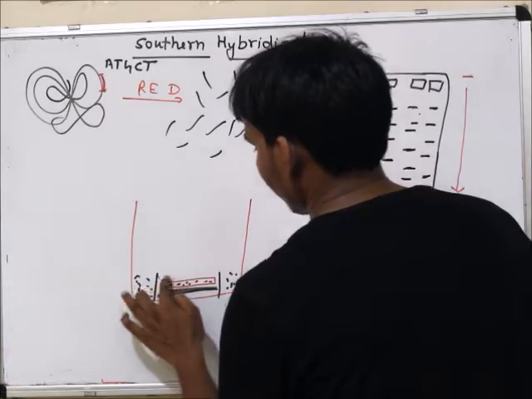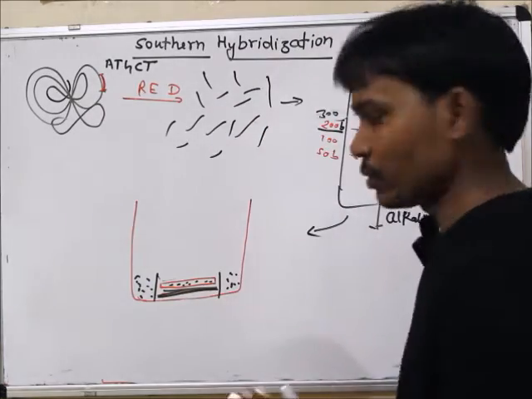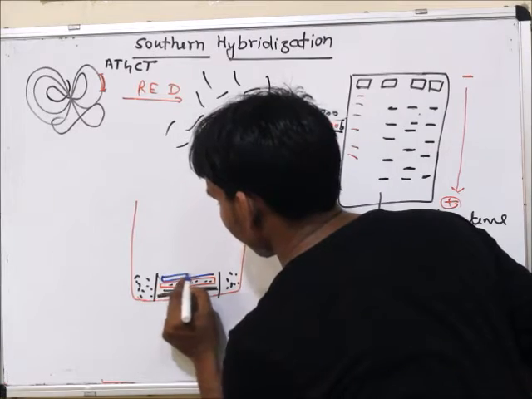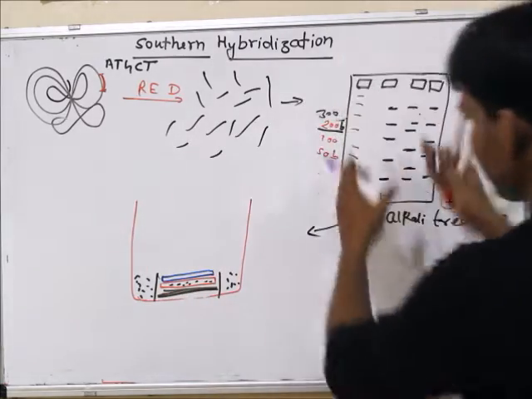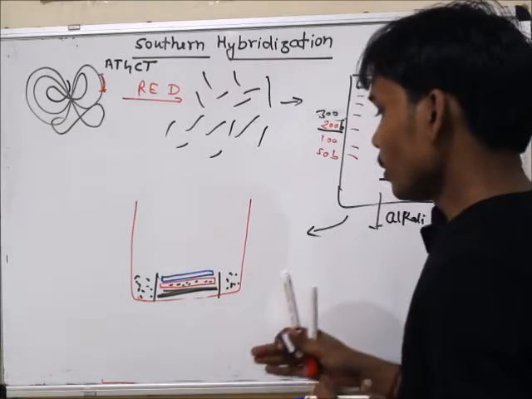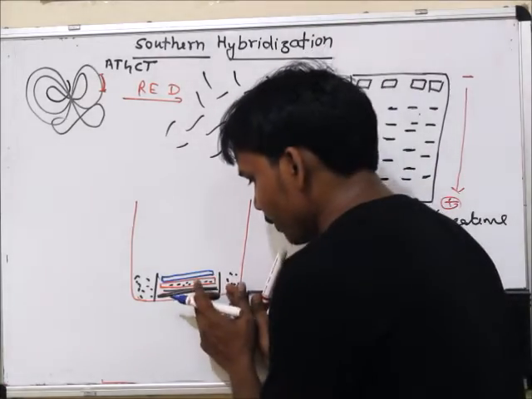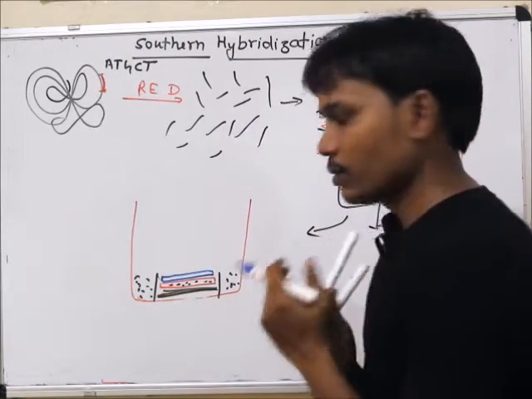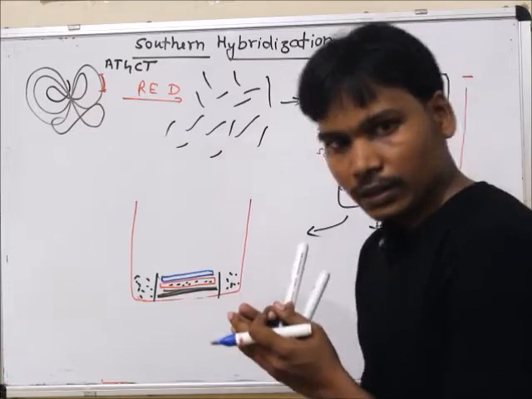The nitrocellulose paper is very important, and it is the same size as the gel. Then the DNA goes upward with the buffer through the gel.